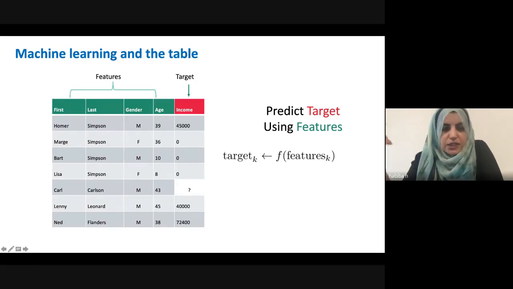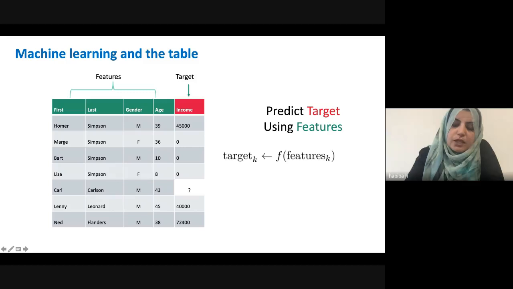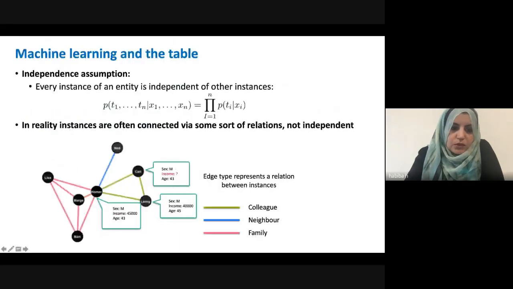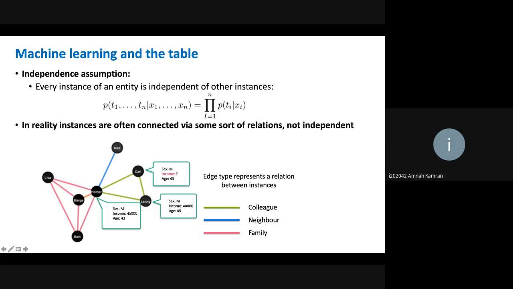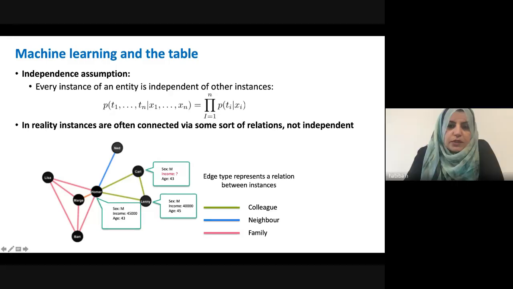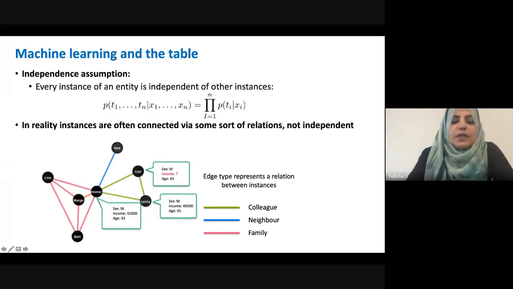Usually we assume that each entity is independent and represented by their independent set of characteristics. But this may not always be true.